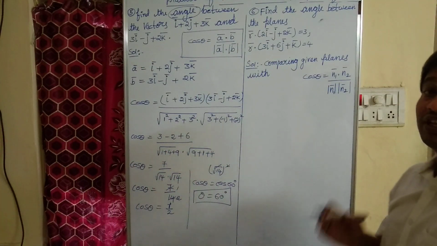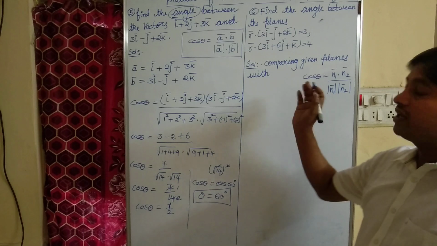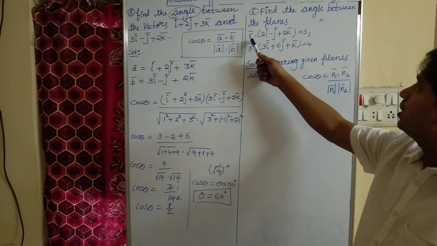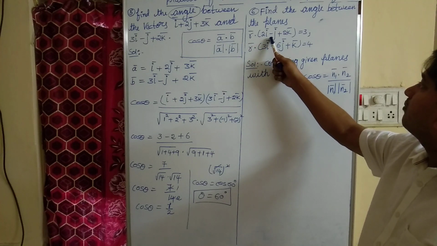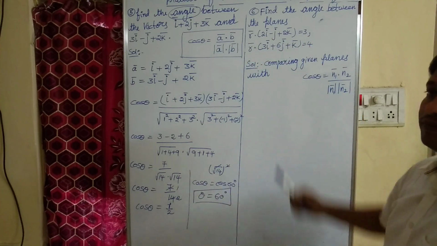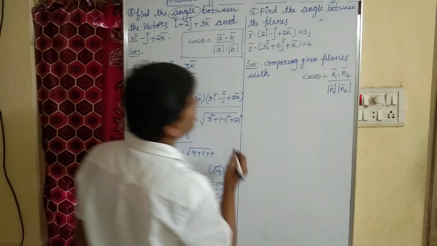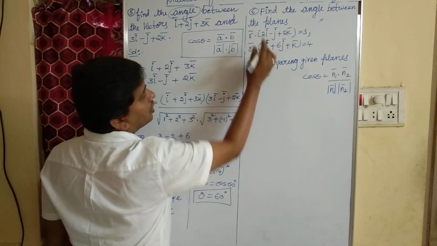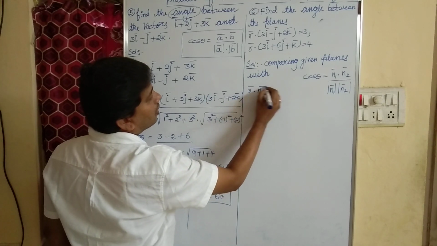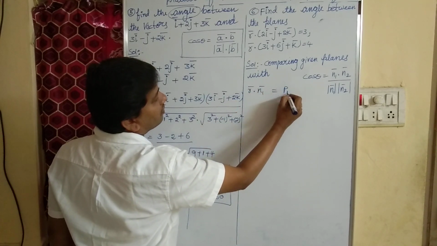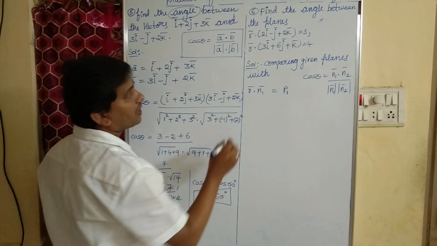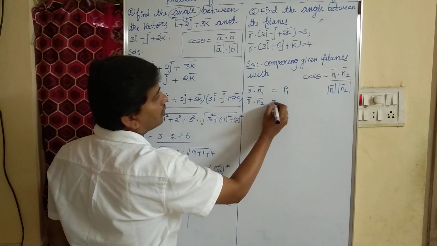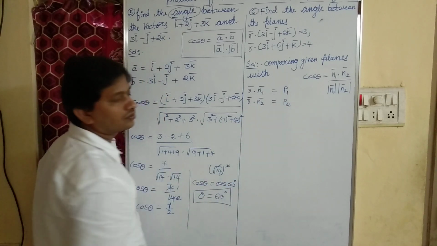Now coming to problem number 6. Find the angle between the planes. Here they have given two planes. The first plane is r bar dot n1 bar equal to p1. The second plane is r bar dot n2 bar equal to p2.